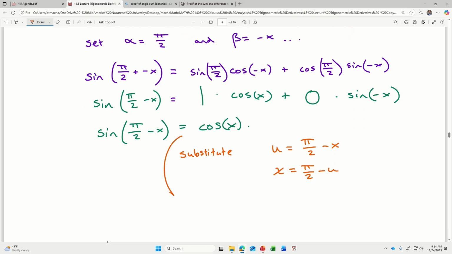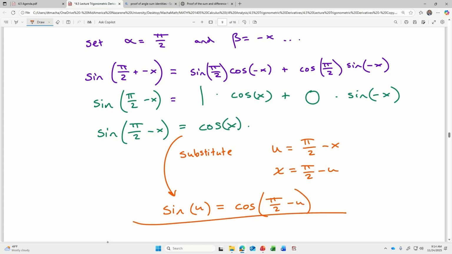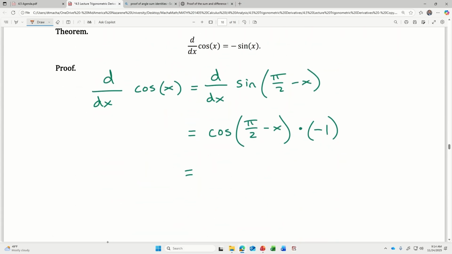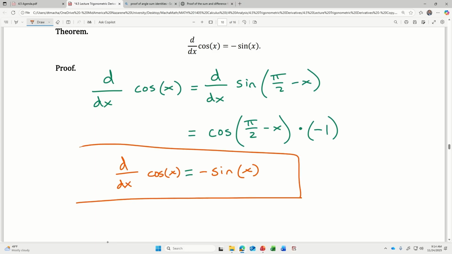And that means I can write sine of u is equal to cosine of pi over 2 minus u. So if I see cosine of pi over 2 minus x, that would be equal to sine of x. And here I've got cosine of pi over 2 minus x. And so that is sine of x times -1, which is negative sine of x. So the derivative of cosine of x must be negative sine of x.